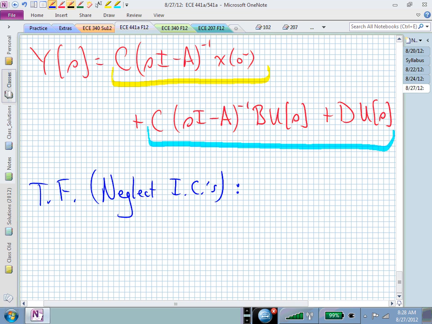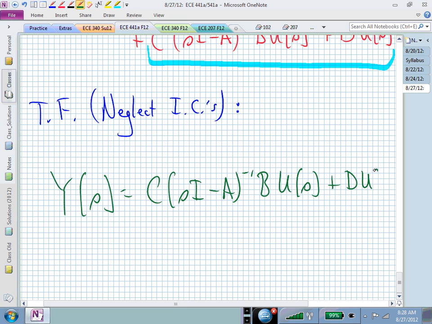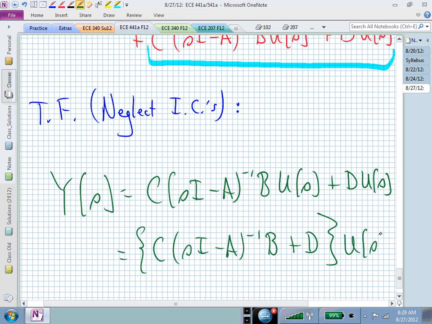And we now have Y of s equal to C (sI minus A) inverse B U of s plus D U of s. But if I factor out that input transform, I now have C (sI minus A) inverse B plus D, times U of s.